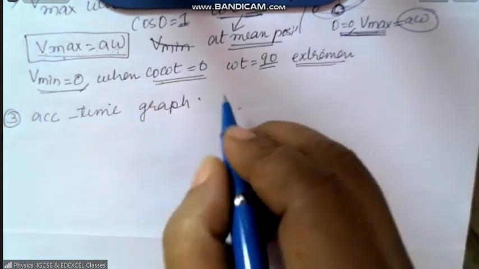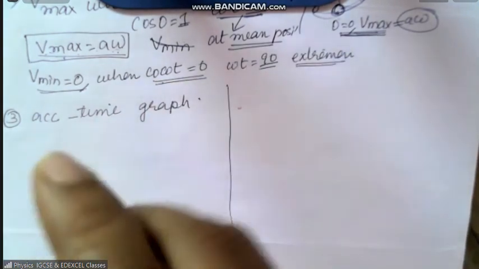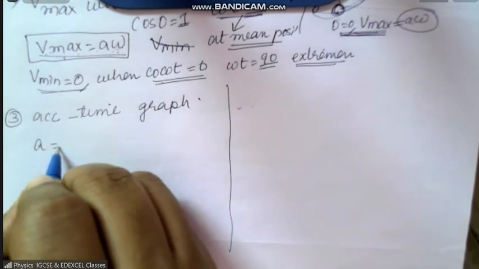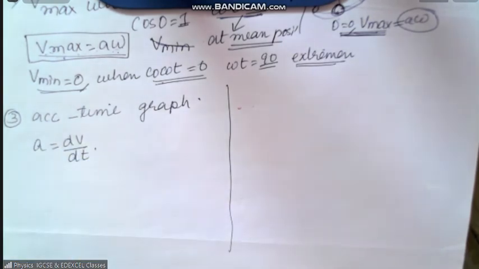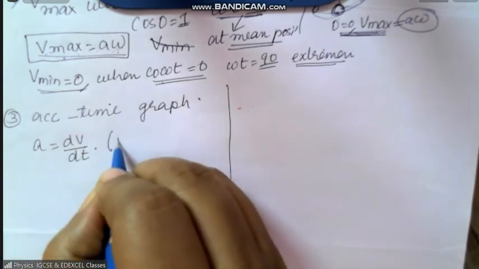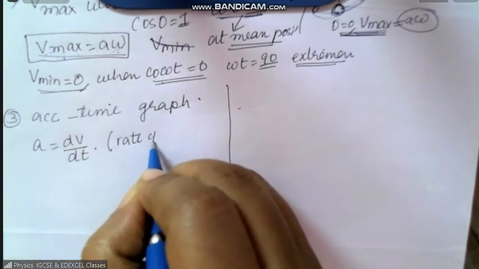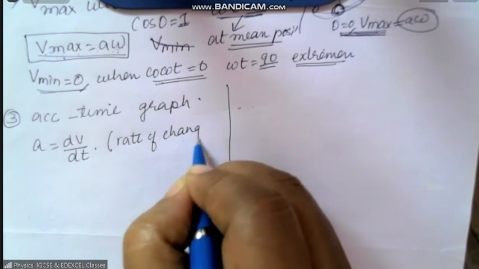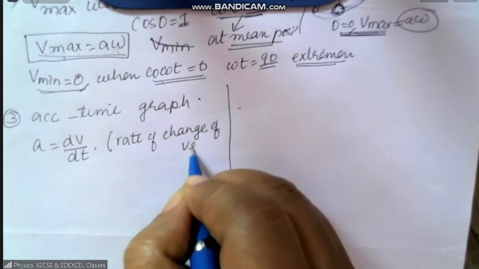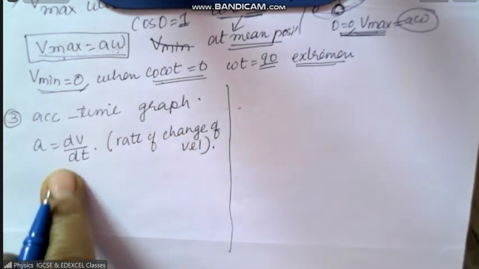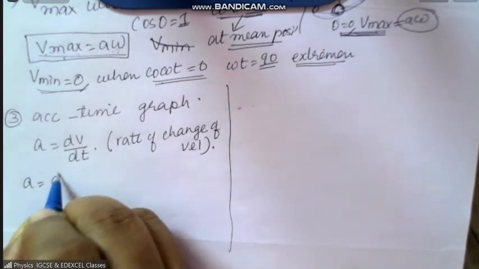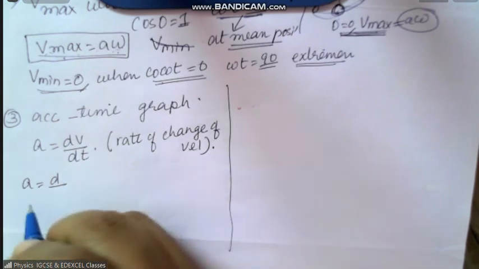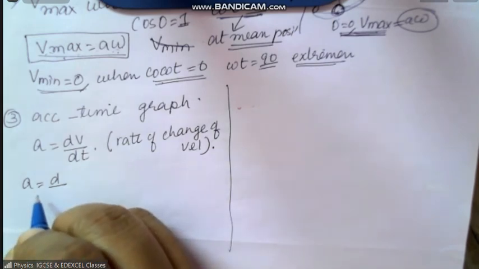Let's do it both ways. Number one, acceleration is equal to the rate of change of velocity, dv by dt. What does this mean? Rate of change of velocity. Let's use calculus to do that first. Oh, acceleration and amplitude, you're getting confused.